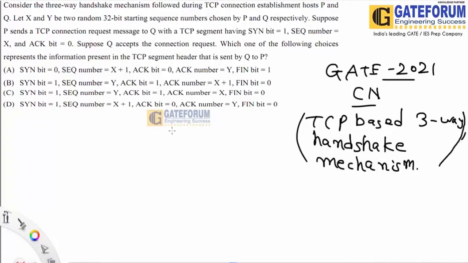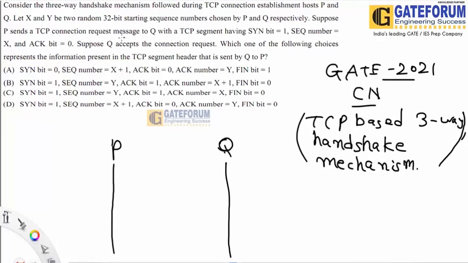Okay, let's try to understand the question first. Consider a three-way handshake mechanism followed during a TCP connection establishment between the host P and Q. So basically the hosts P and Q are doing a connection establishment. Let X and Y be two random 32-bit sequence numbers chosen by P and Q respectively.